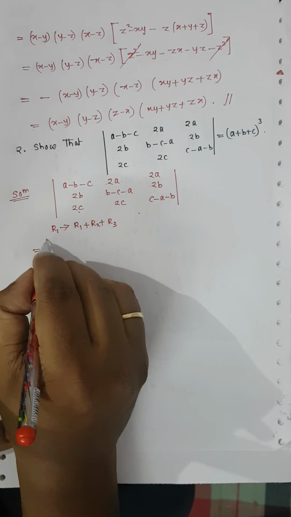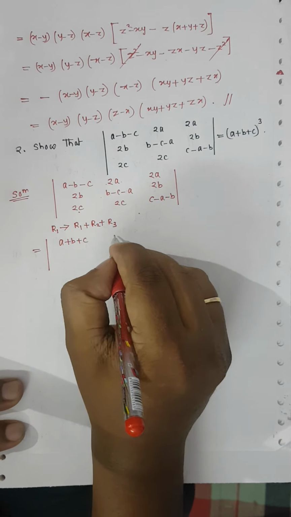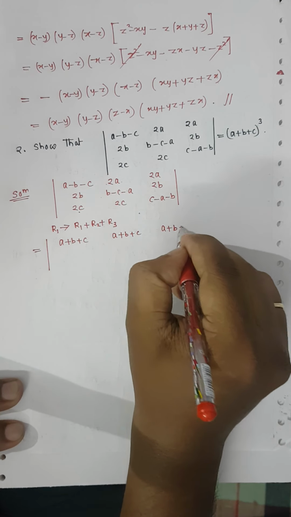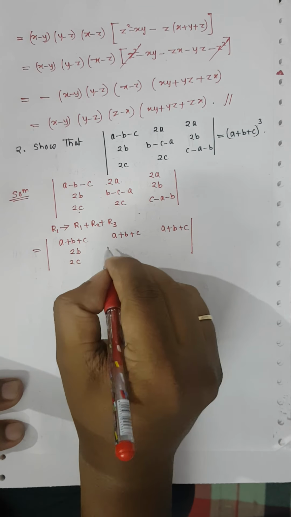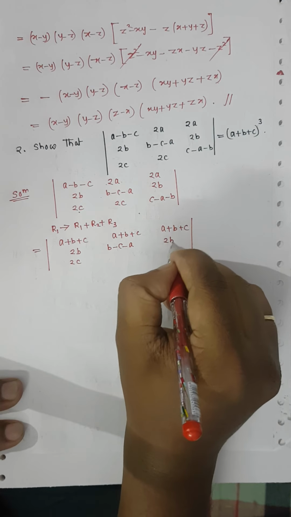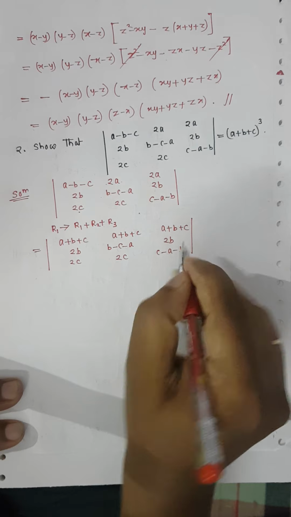So your row 1 changes to a plus b plus c, a plus b plus c, a plus b plus c. The other rows stay: 2a, b minus c minus a, 2c and 2a, 2b, c minus a minus b.